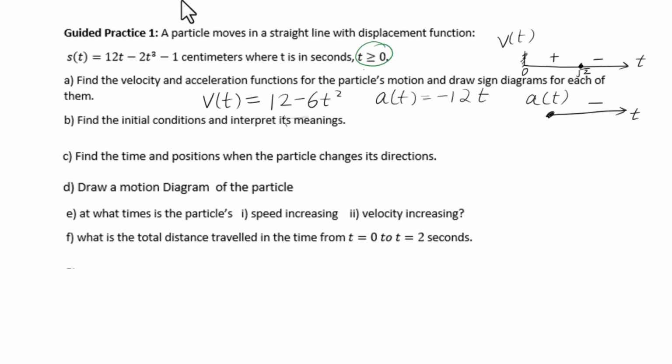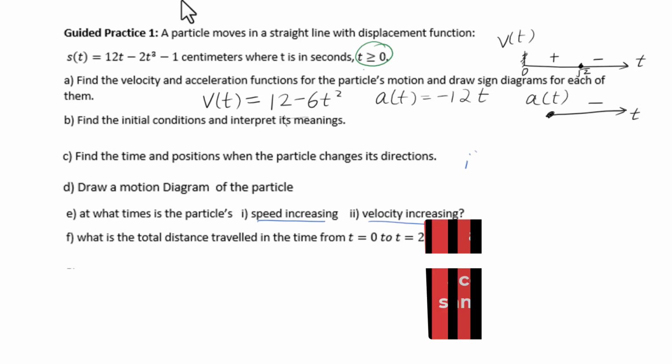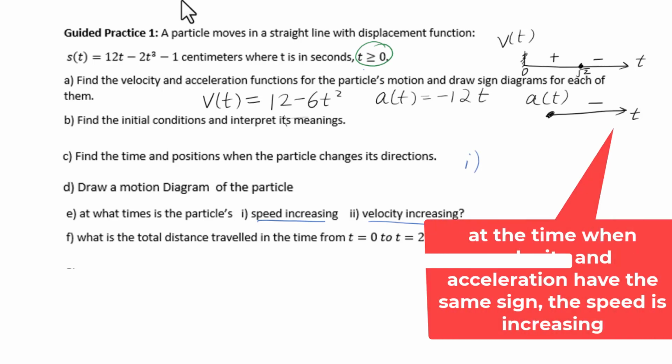Let's go to E. At what times is the particle's speed increasing? Speed is increasing when the velocity and the acceleration have the same sign. Look at the sign diagram for velocity and acceleration.